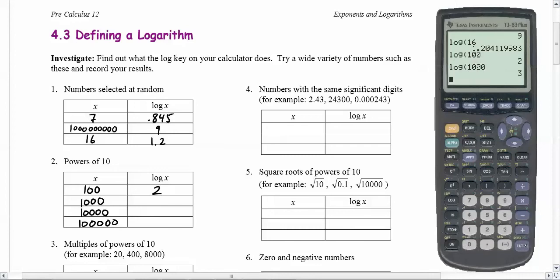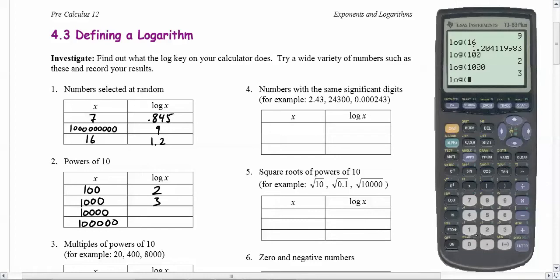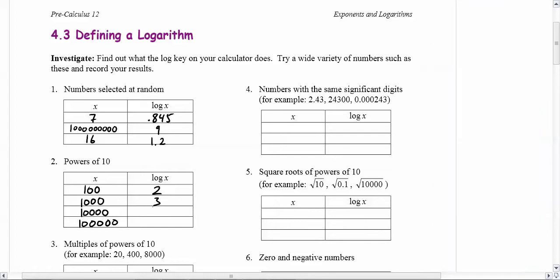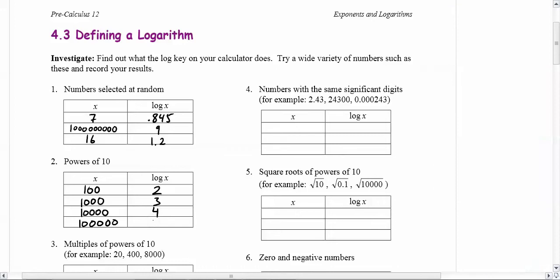Log of 1,000 is 3. Log of 10,000 is 4. And log of 100,000 is 5. So you can see that log kind of works as a zero counter. It's counting how many zeros there are.